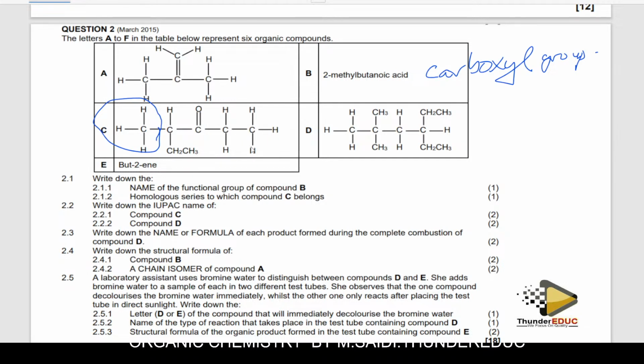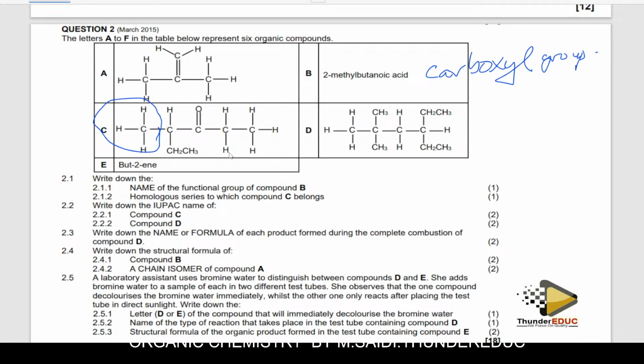As I gave you an example, if you sleep on the bed straight, and then you bend your legs, do you become a different person? No, you remain the same person. So it's the same chain. It's just that this chain is bent. It's not a branch.